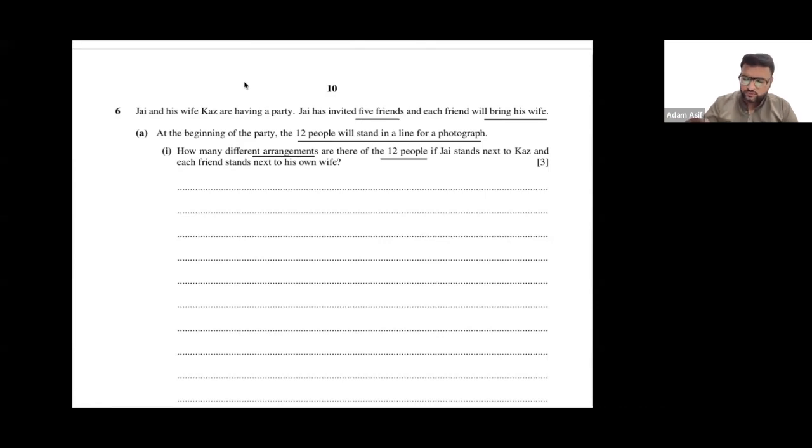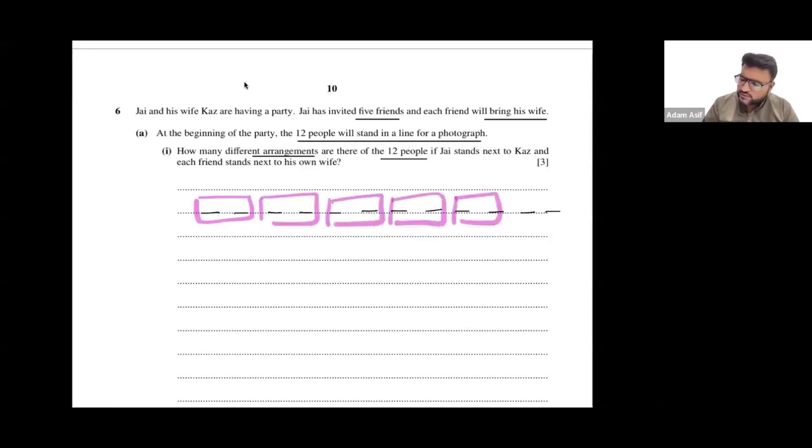Okay. So there are 12 people. Jay is going to stand with his wife Kes. Each person is also going to stand with his own wife, and they have to stand in a line. So there are going to be 6 couples, and these 6 couples can arrange themselves in 6 factorial ways.